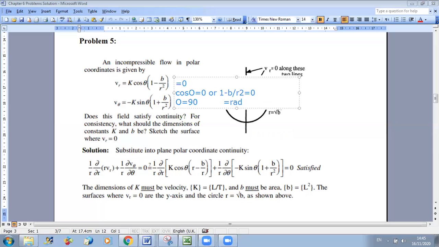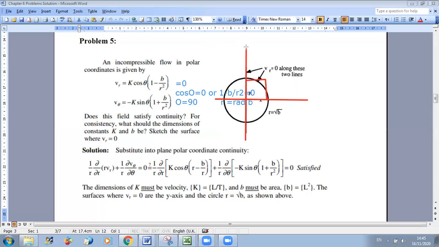So if I want to sketch these conditions in polar coordinates, first, what is theta in polar coordinates? It is the angle between the position vector and the horizontal. So when you obtain theta equal 90, this means that you are moving on a straight line, which makes with the horizontal an angle of 90 degrees, which is the y-axis.